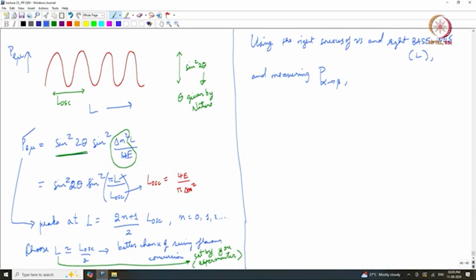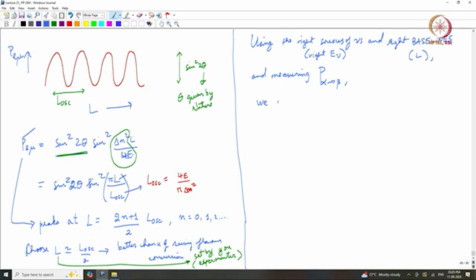And we also know the energy. So the right sources, meaning the right energies for the neutrinos. Okay, so we have this, we have this, we have this. The theta doesn't matter here because we are looking at the maximum probability anyway. What is left? Delta m square is left, correct?